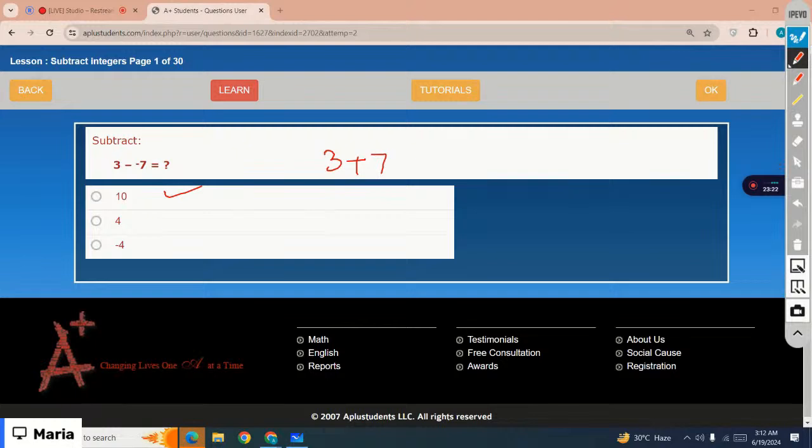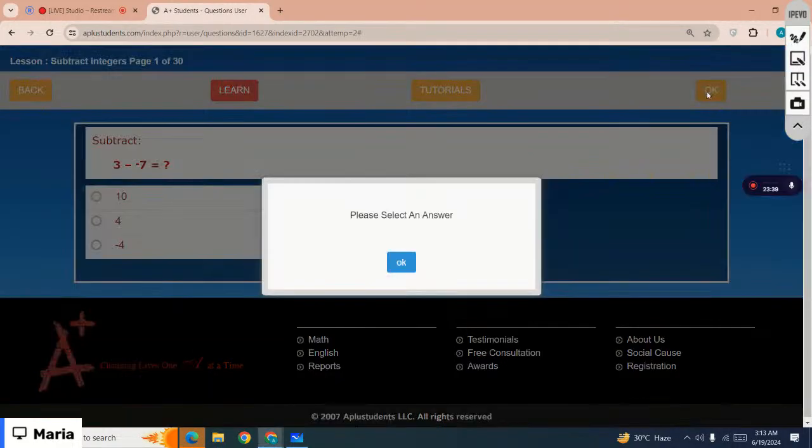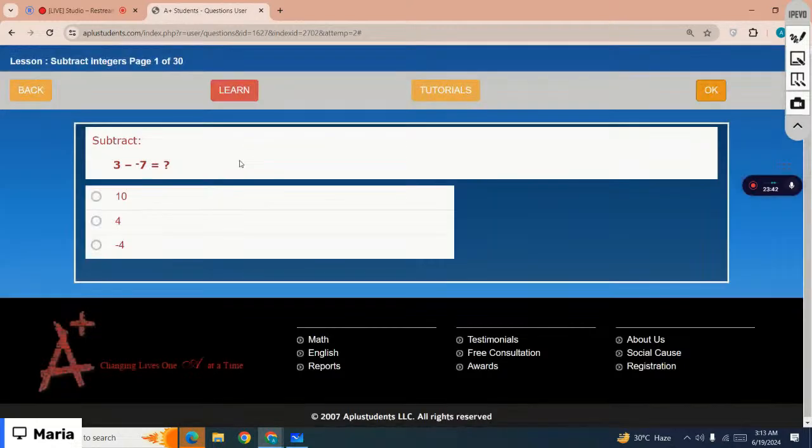Keep this very important line in your mind, or note it down: subtracting a negative integer is the same as adding. So 3 plus 7 is 10. Option number 1 is the correct option.